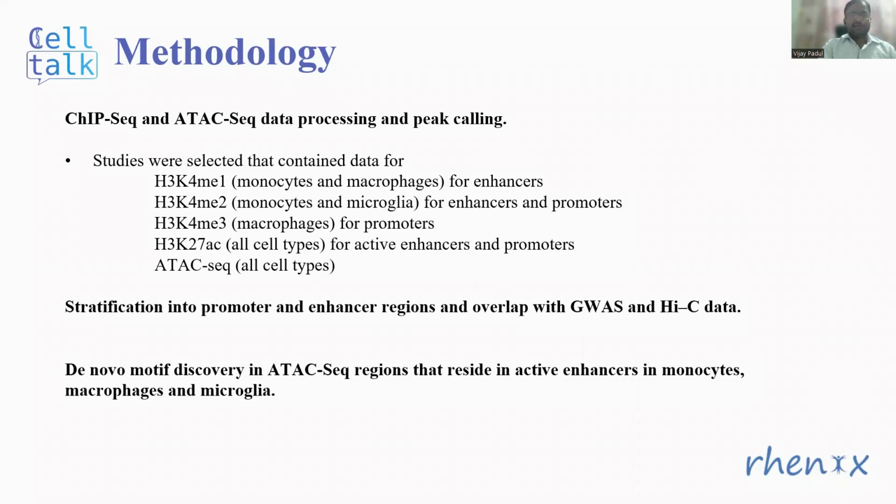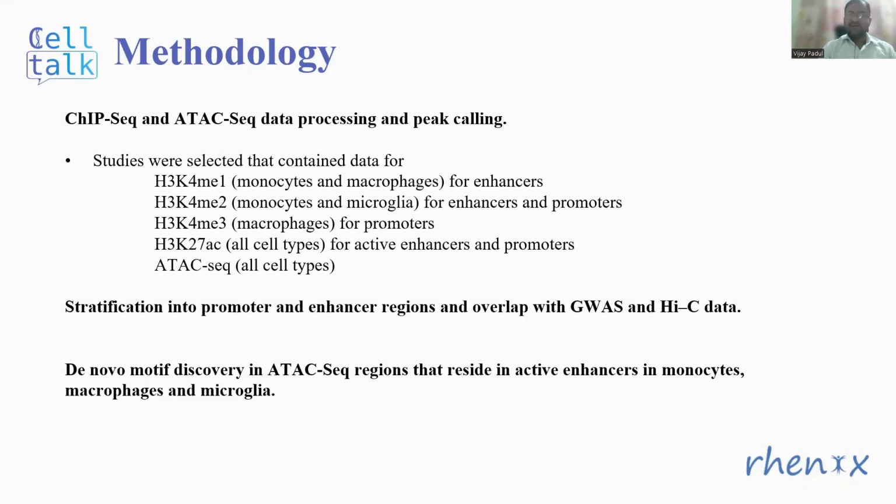The next part, they do stratification into promoter and enhancer regions and overlap with GWAS and Hi-C data. Hi-C is a method in which the conformation of the chromatin is studied: which parts of the chromatin, distant parts, are coming together and actually interacting with each other. That information can be gained by using the Hi-C data.